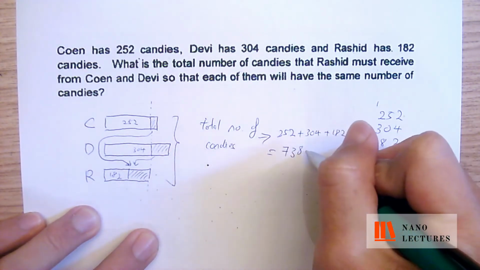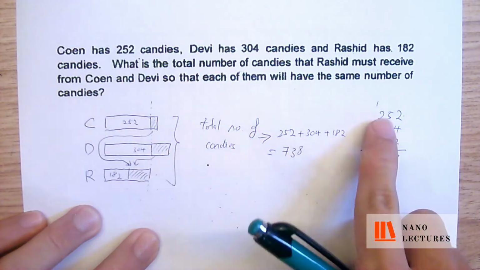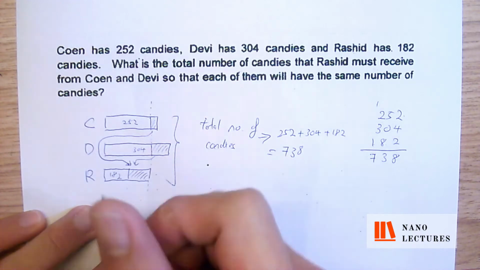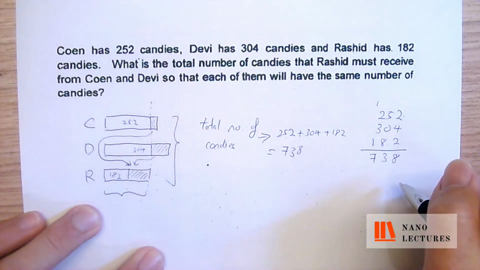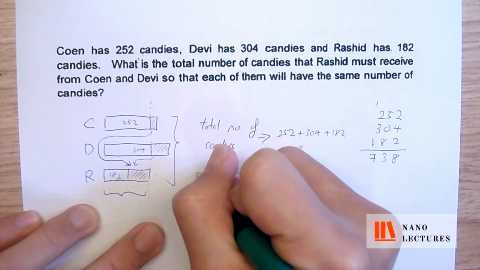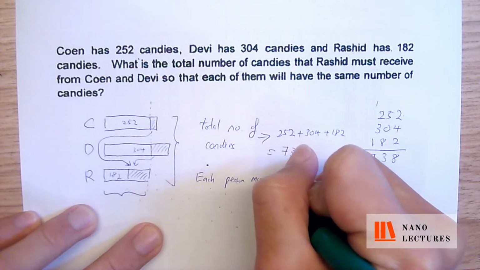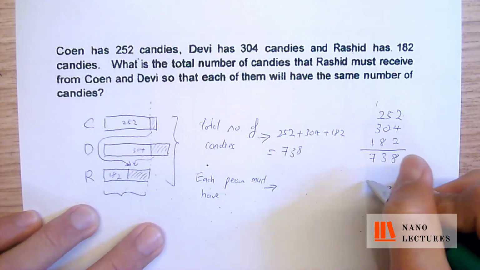Total will be 738. If each of them will have the same number of candies, we have to take this divided by 3 to find out how many Rashid will eventually have. So each person must have 738 divided by 3.